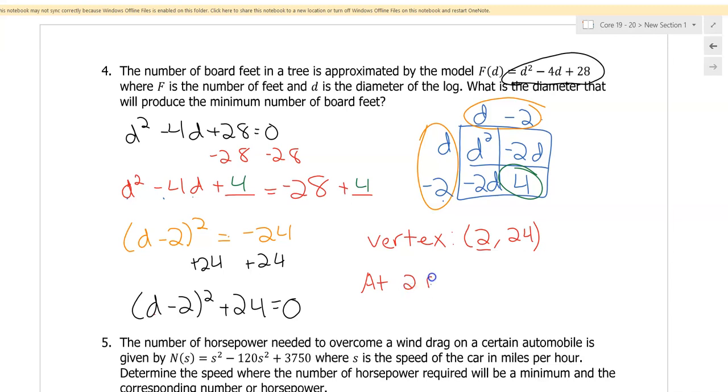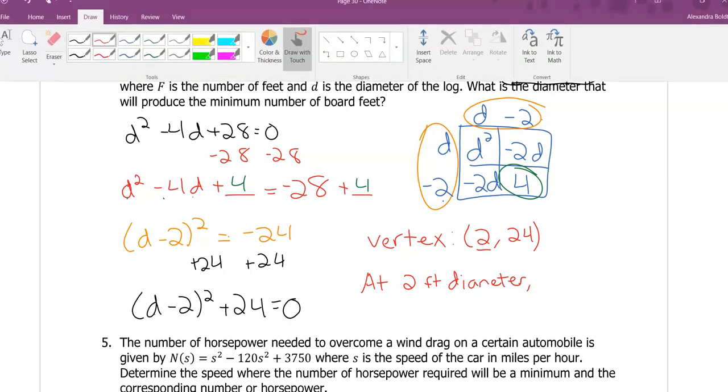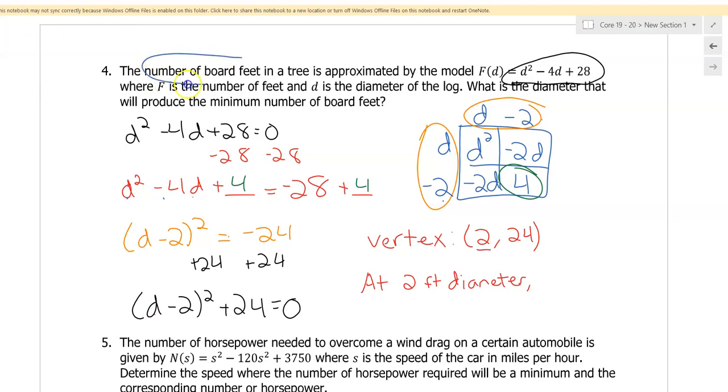At a 2-foot diameter, we're talking about the number of board feet, and then this is, I believe, a minimum.